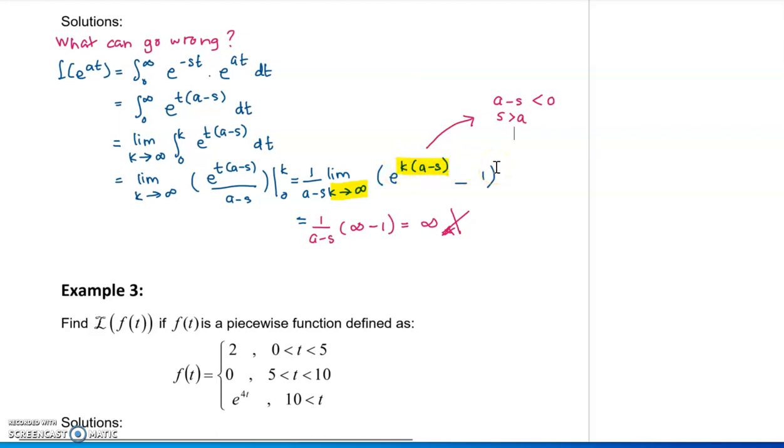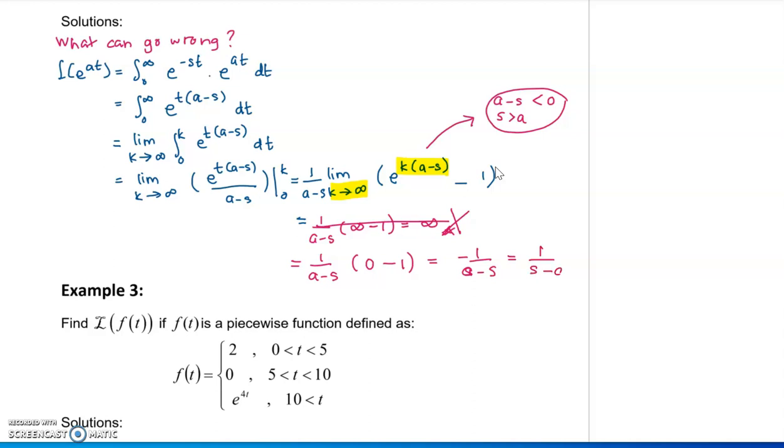So the correct answer to be written here is 1 over a minus s, times this term, which is supposed to be 0 because of this condition, minus 1. So at the end, we get negative 1 over a minus s, which can be written as 1 over s minus a.